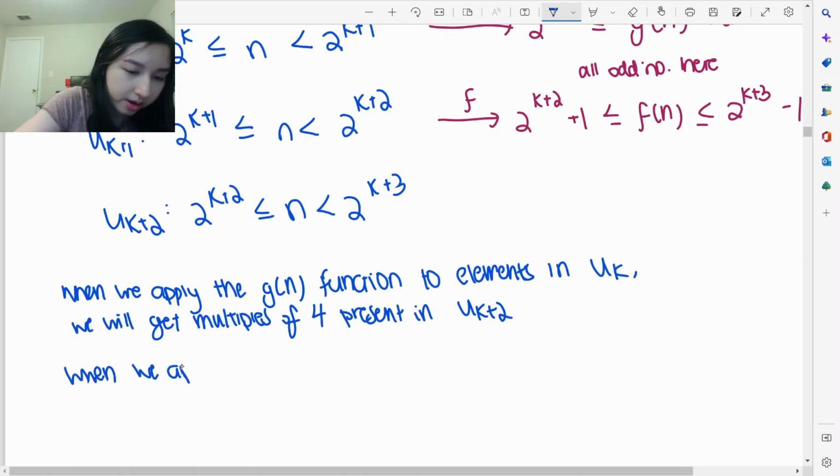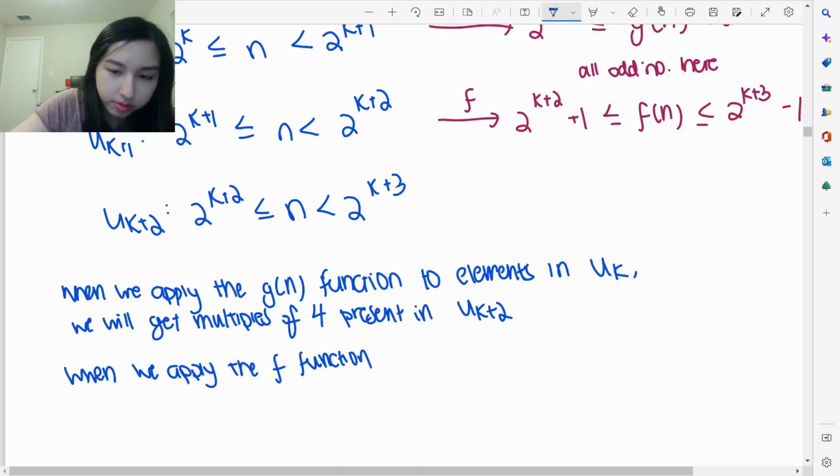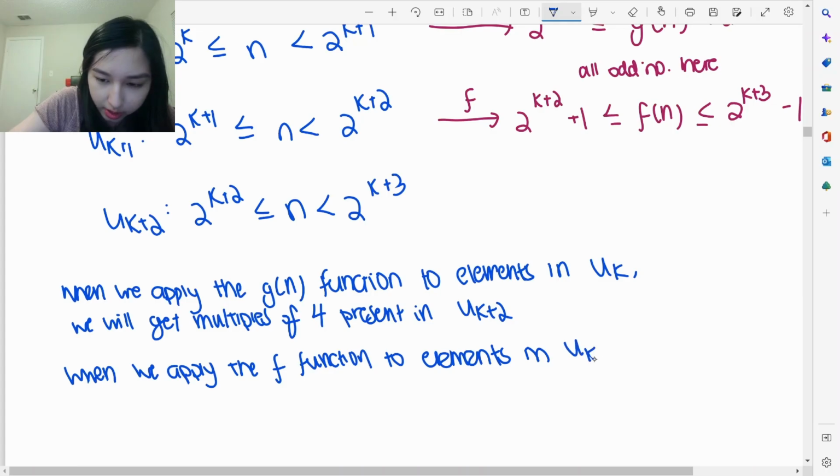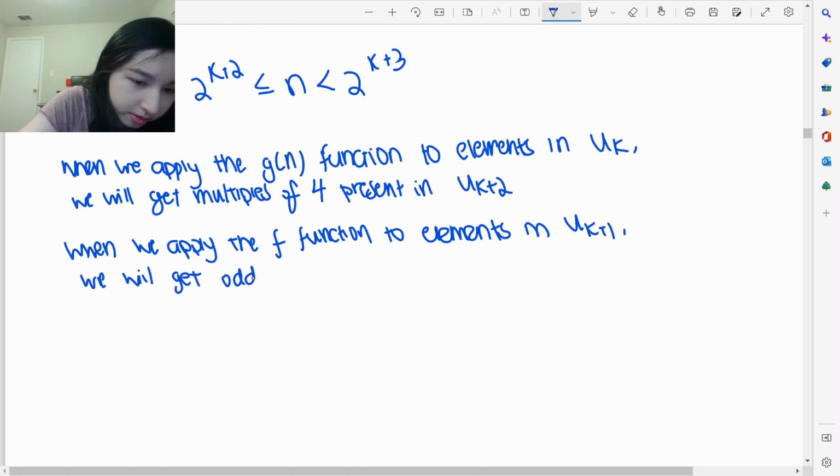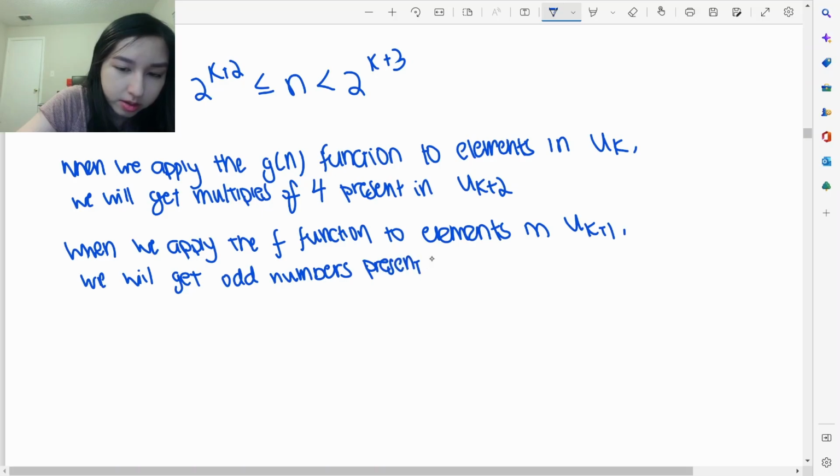When we apply the f function to elements in uk plus 1, we will get odd numbers present in uk plus 2.